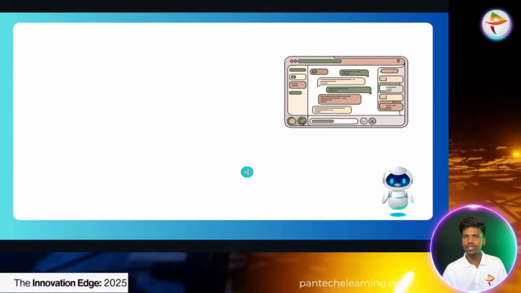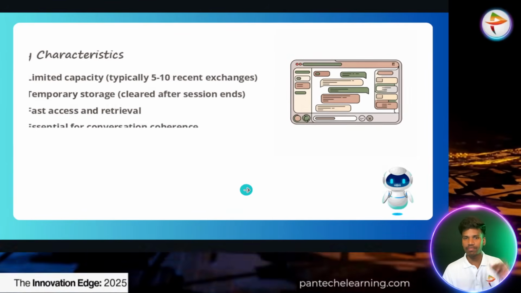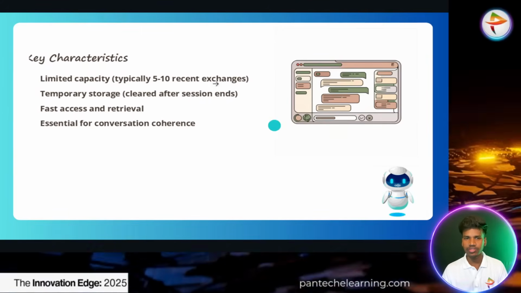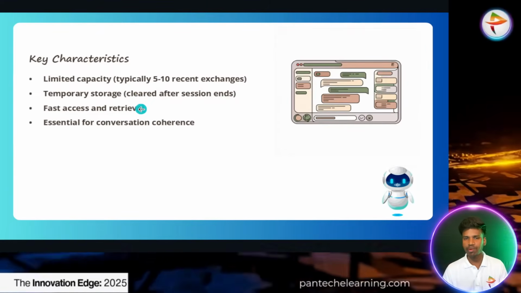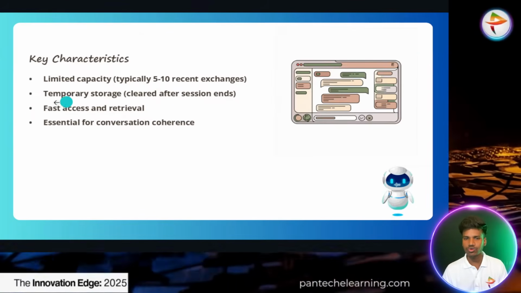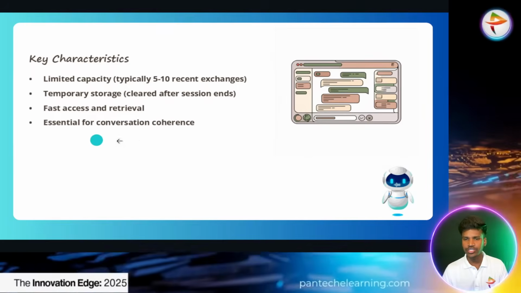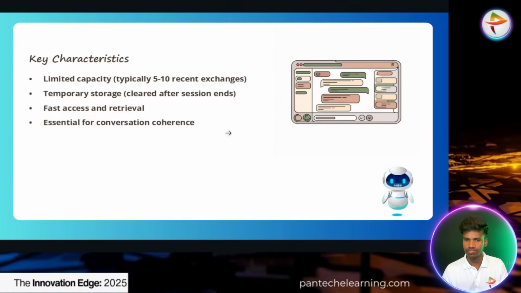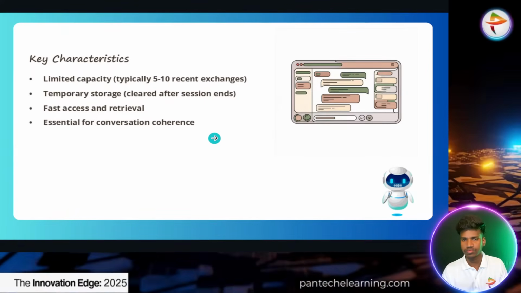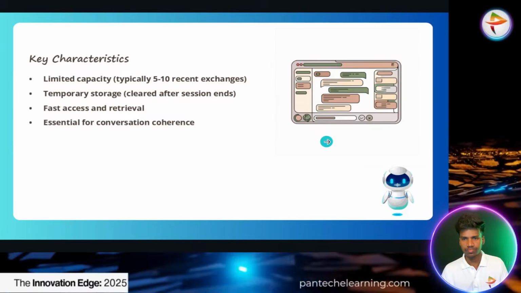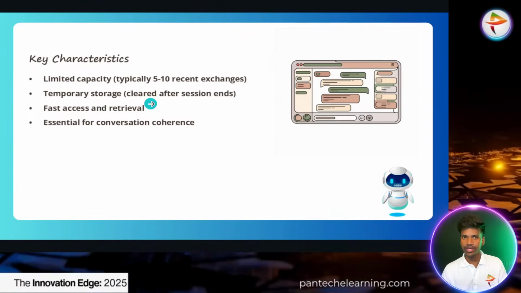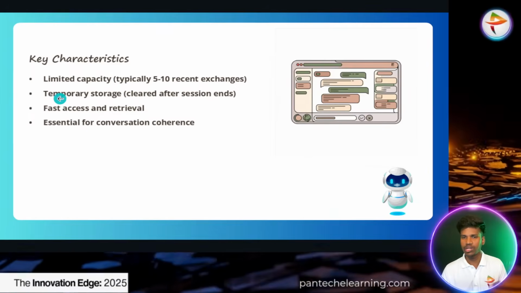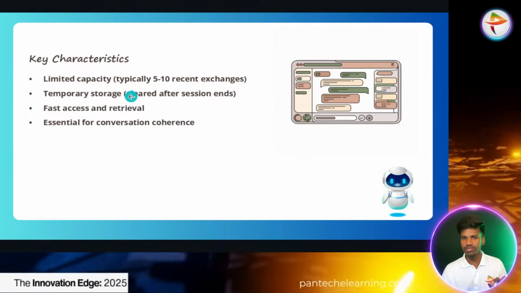Long-term memory is past and present, both combined. That is long-term memory. Before that, the key characteristics of short-term memory: limited capacity, temporary storage, and fast access and retrieval, essential for conversation coherence. Every Google Drive follows this: limited capacity only, 15 GB, temporary storage.